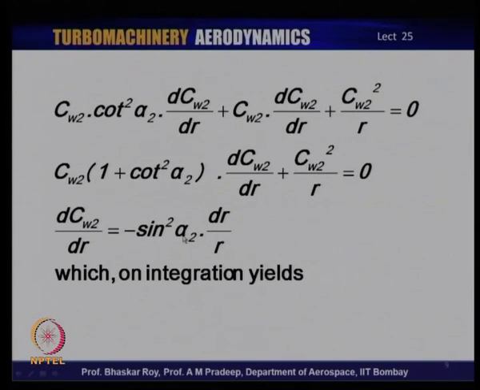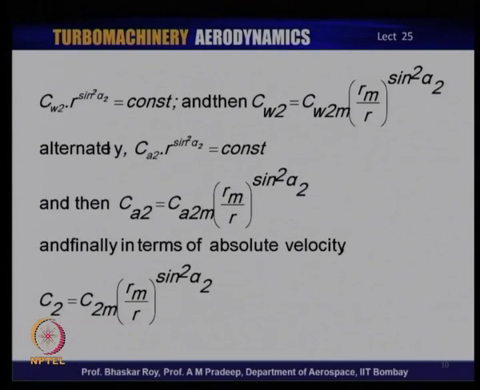Okay. So, now on integration, this is a derived equation from the energy equation by invoking the constant exit angle law, the turbine design law, and having arrived here, if we simply carry out the integration, it gives us C W 2 into r to the power sin square alpha 2 equal to constant.